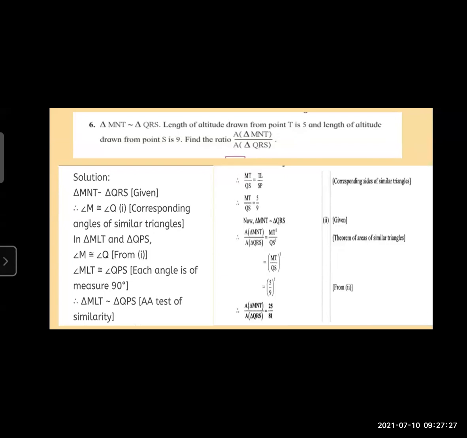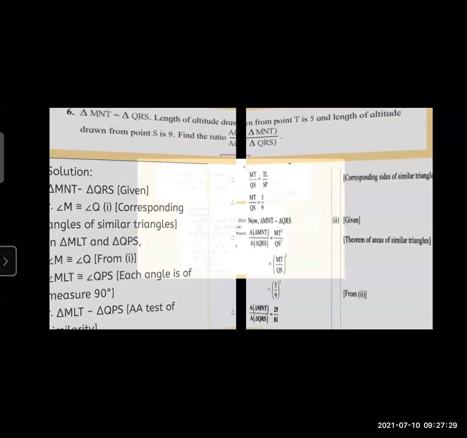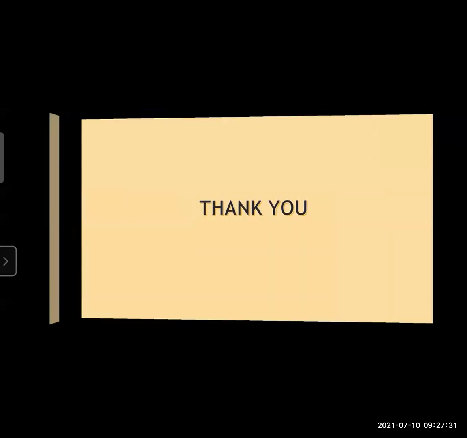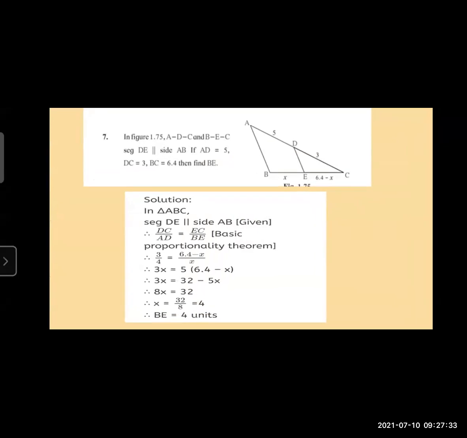Okay, student. Now next question, question number 7. See, in figure 1.75, ADC and BEC are collinear, and segment DE is parallel to AB.